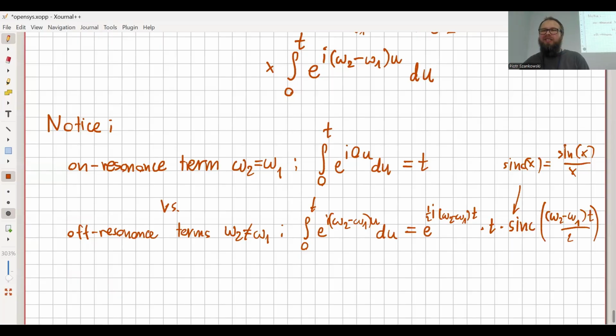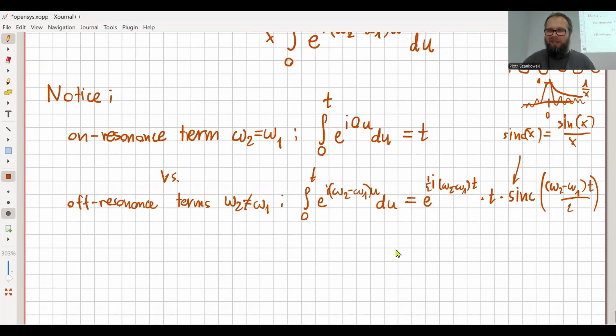So this function, if you want to imagine, sine x is just sine, everyone knows how it looks, but sinc around 0 has a peak of 1, and then it's symmetric, and it drops off as 1 over x. Okay, so it's a decaying function.